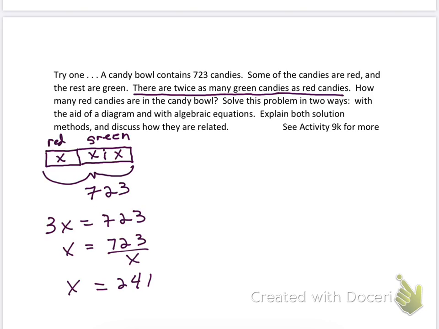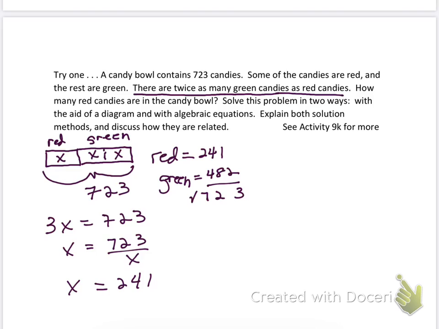So therefore, since my red is 1X, my red's going to equal 241, but my green, which is 2X, is going to be twice that. So that's going to be 482. It's a good idea to add these together and just make sure that you are indeed getting 723.